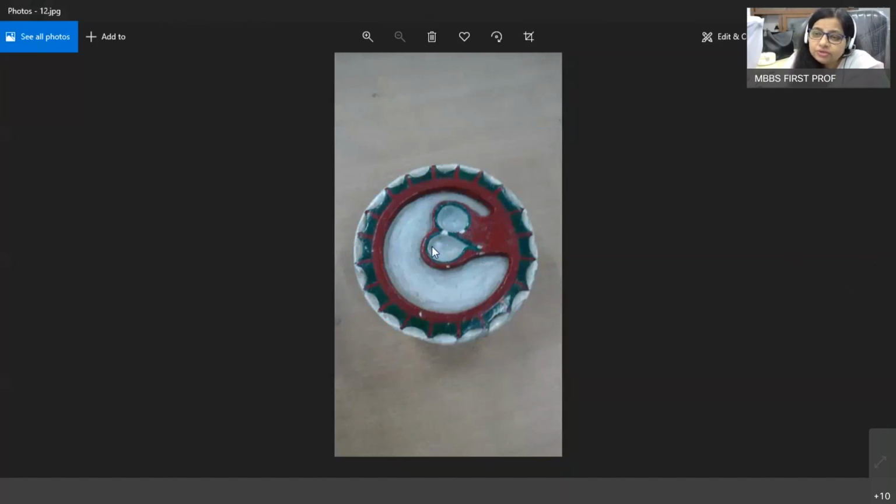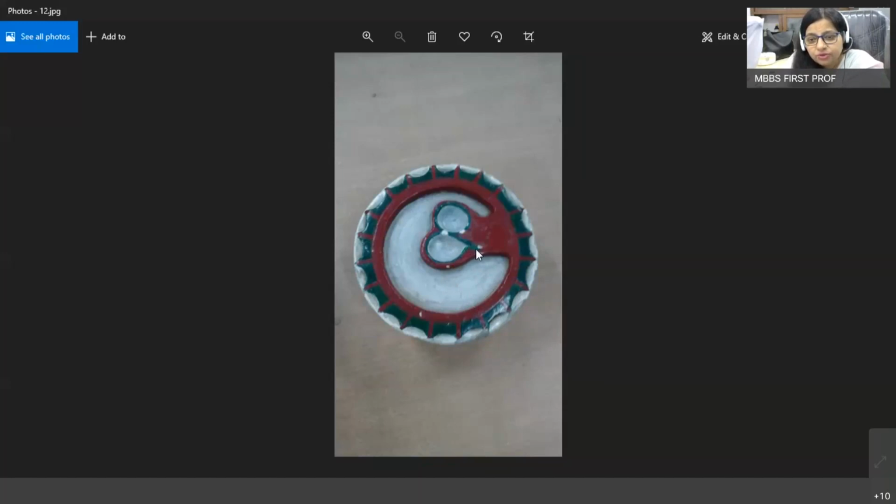Now, how do you differentiate the yolk sac from the amniotic cavity? Can anyone explain? Speak up. There is something extra visible here.